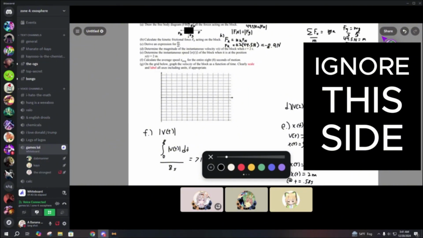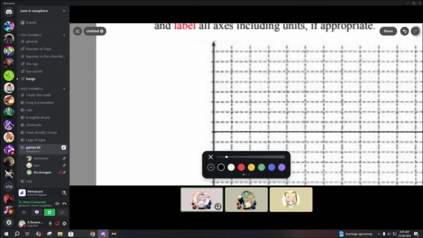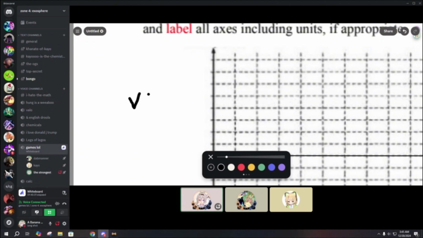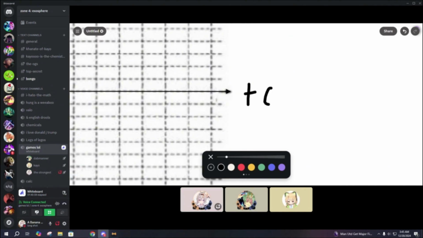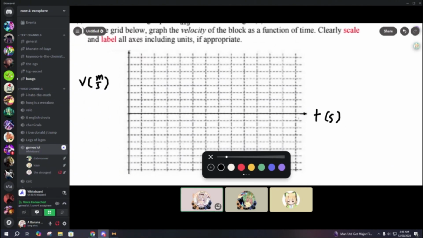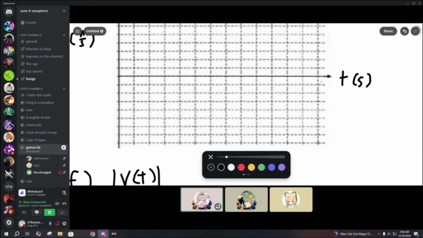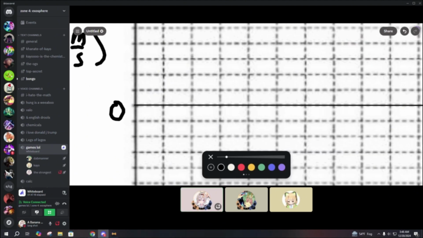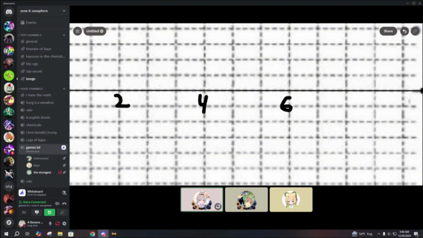Great. G. On the grid below, graph the velocity of the block as a function of time. So let's label my axes. My y-axis is going to be velocity in meters per second. My x-axis is going to be time in seconds. And let's label my values. I'm going to go off the seconds of motion: 0, 2, 4, 6, 8.